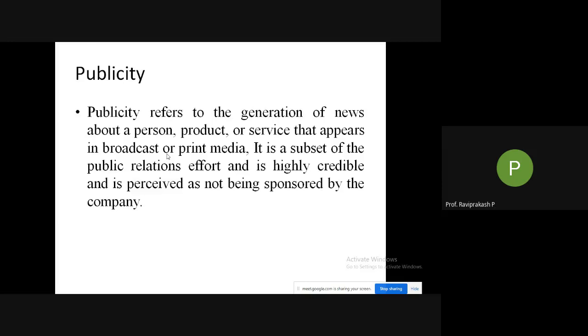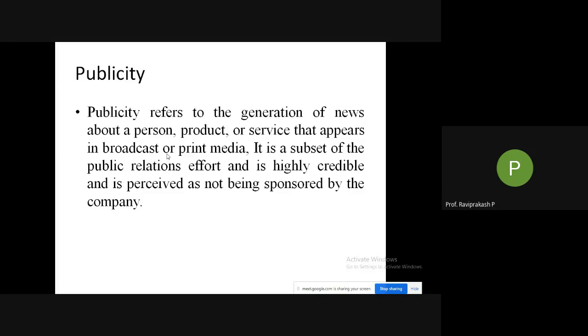Here it is usually said that publicity is not paid by the company. It is happening on its own. So there are so many news items. For example, negative publicity is bad news, and the company will not pay someone to publish it or air it. Even with positive news, the company is not paying someone to put this news out.